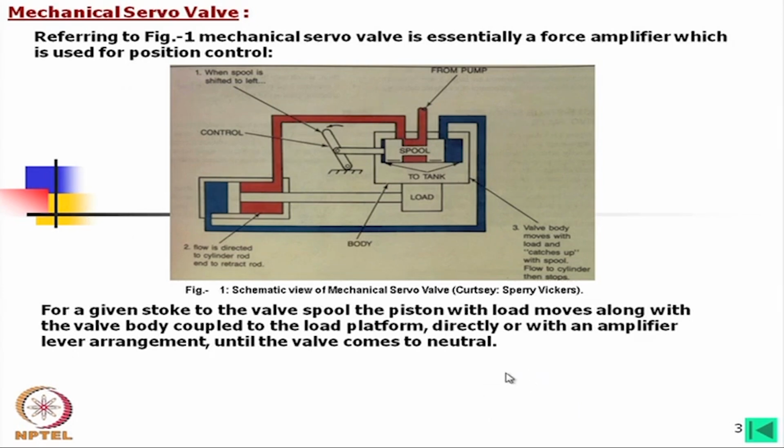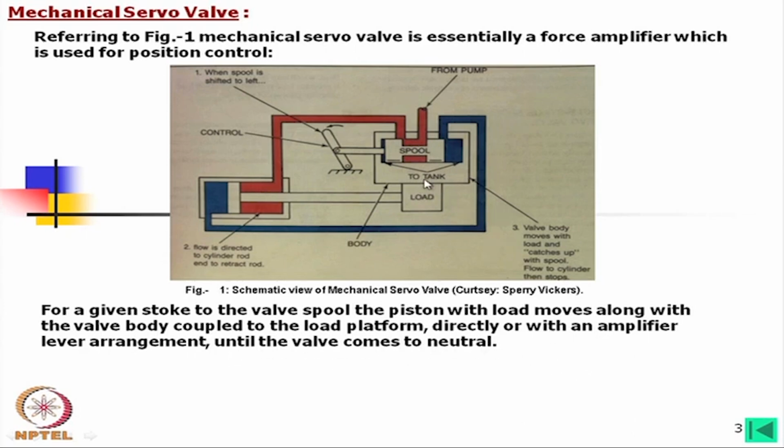For a given stroke to the valve spool, the piston with load moves along with the valve body coupled to the load platform, directly or with an amplifier lever arrangement, until the valve comes to neutral.